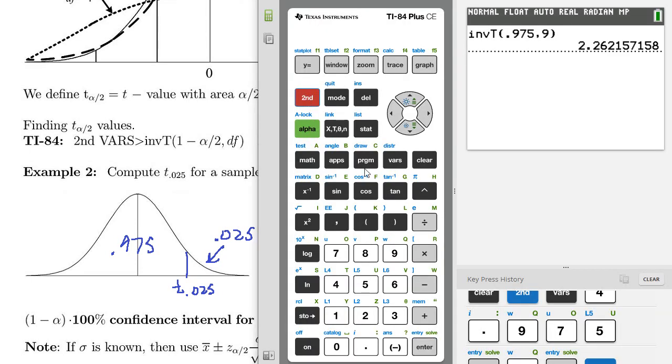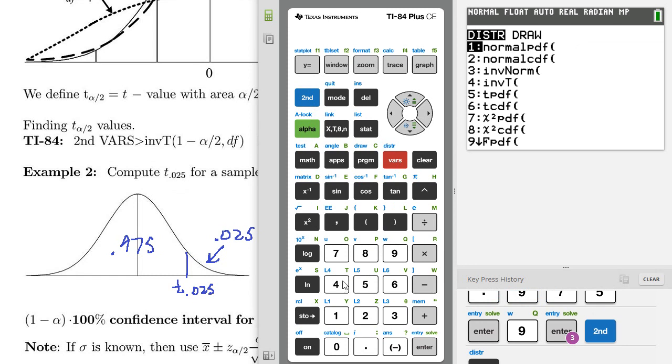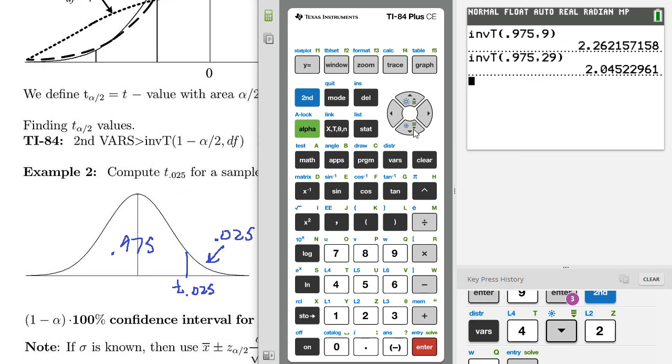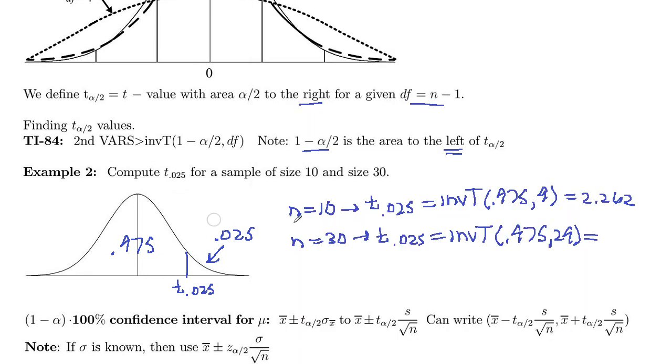So second variables, go to inverse t, and we just have to change our degrees of freedom to 29. We get 2.045. I'm including an extra decimal place there. A lot of times I'll use only 2 decimal places.